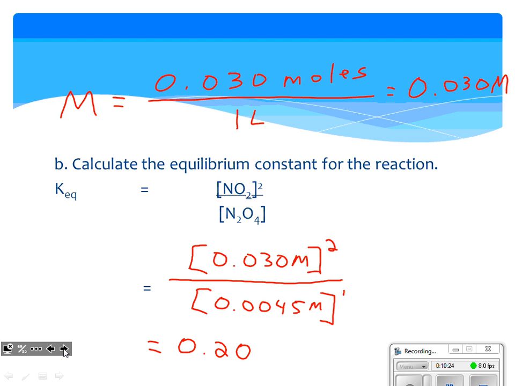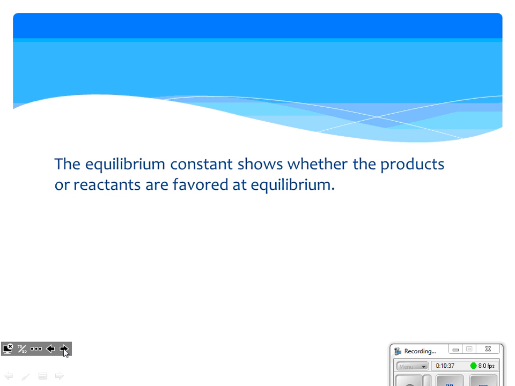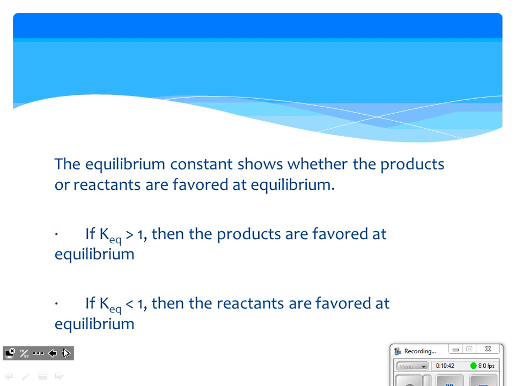Now, what does that tell me? What does the equilibrium constant tell me? I look at that, I say, well, great, it's 0.20. What does it mean, though? Well, this is what it means. The equilibrium constant shows whether the products or the reactants are favored at equilibrium.